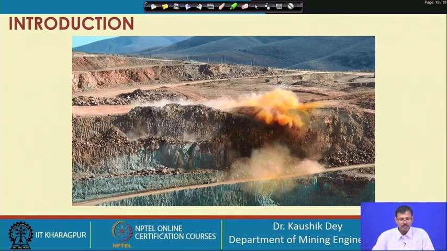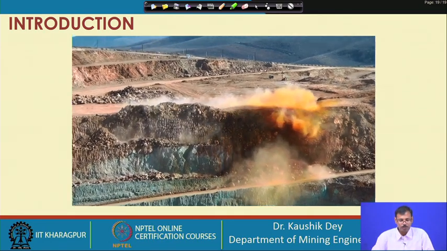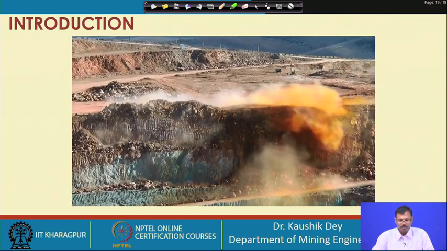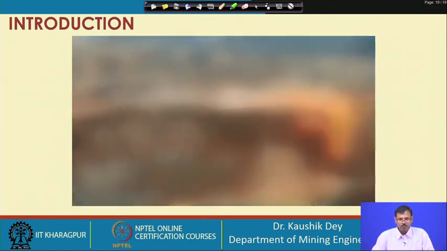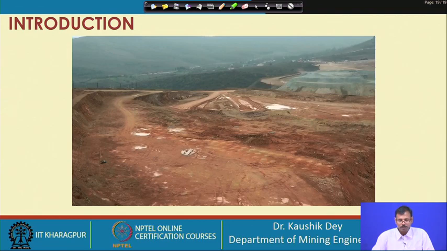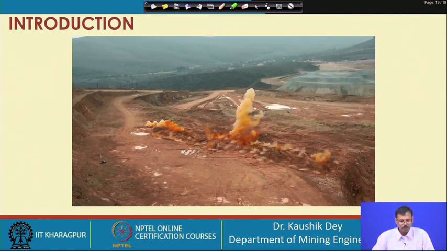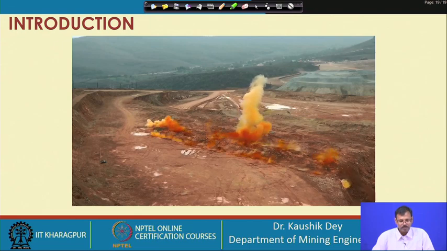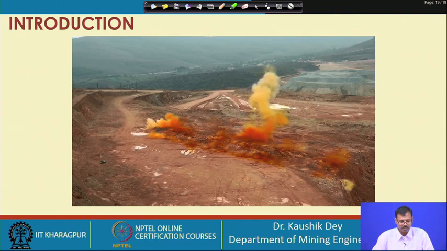While we were discussing our explosive properties, we were unable to cover all the properties because of the time constraint, but most of the properties we have covered, and probably this property is not covered here, that is the fume characteristics.